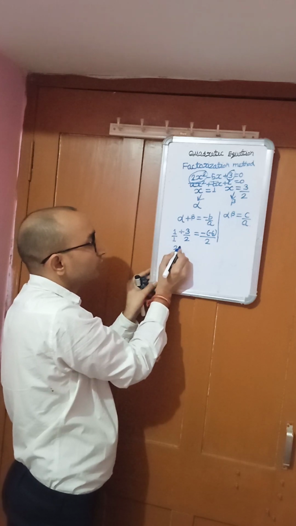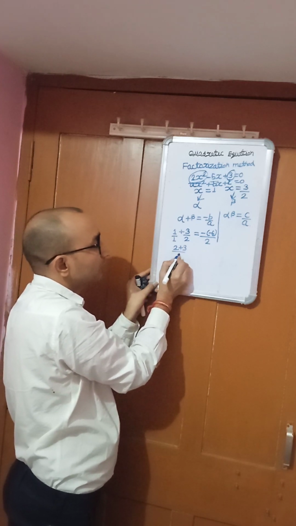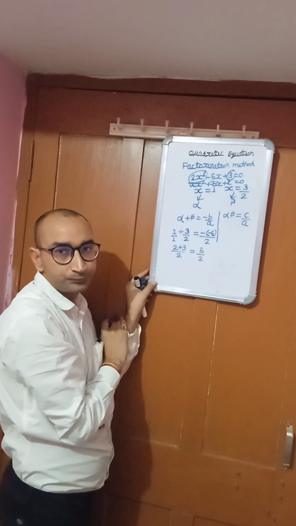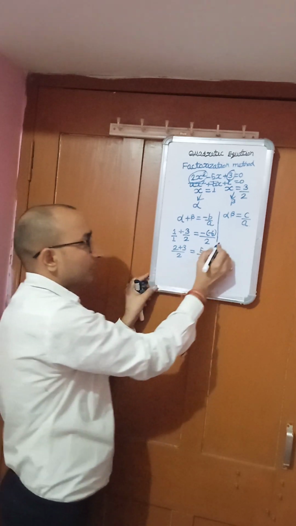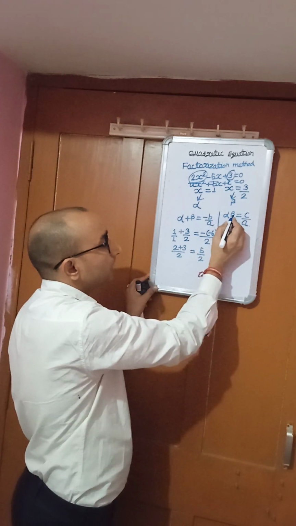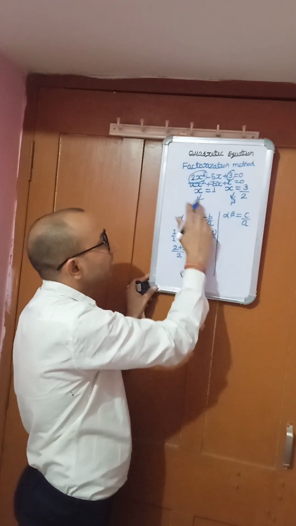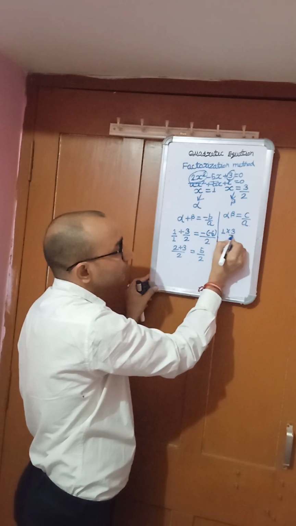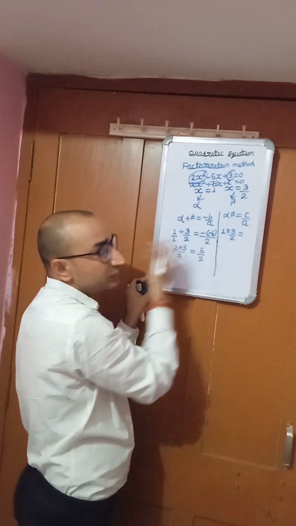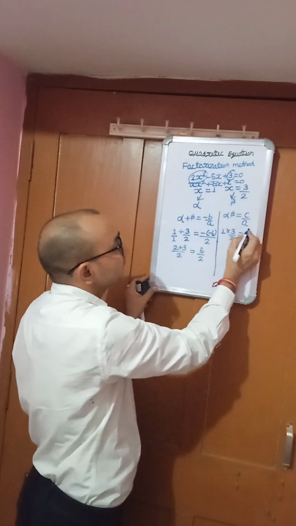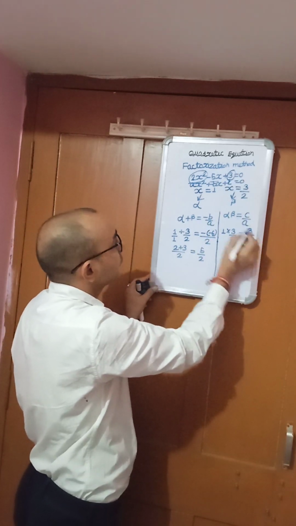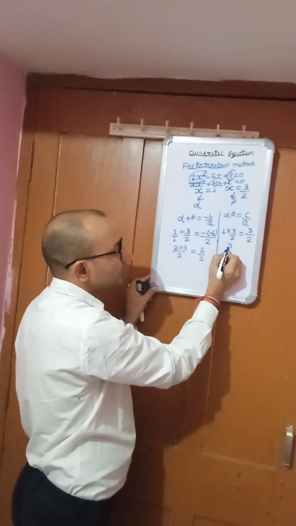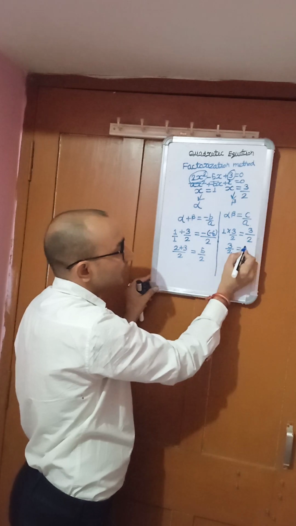This becomes 1 plus 3 by 2, which is 5 by 2. Alpha into beta. The value of alpha is 1 and the value of beta is 3 by 2 equals to c by a. What is the value of c here? 3. Put here 3. Value of a is 2. Put here 2. This becomes 3 by 2 equals to 3 by 2.